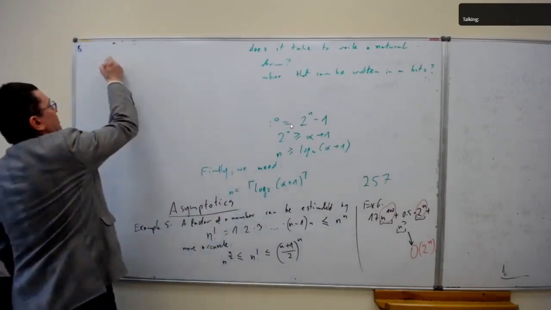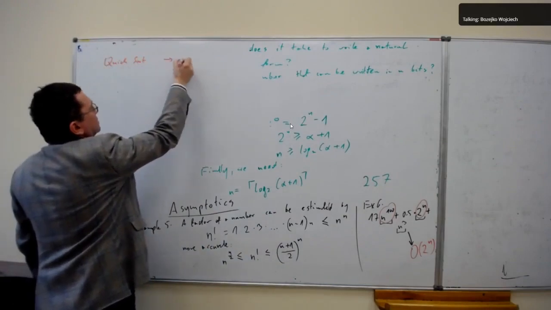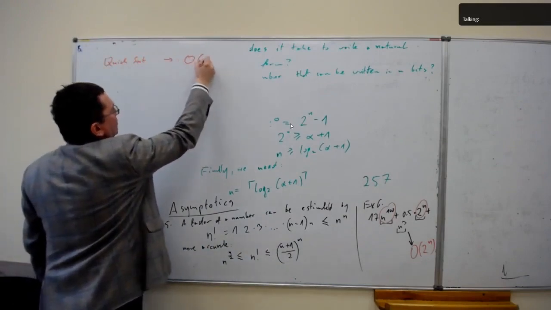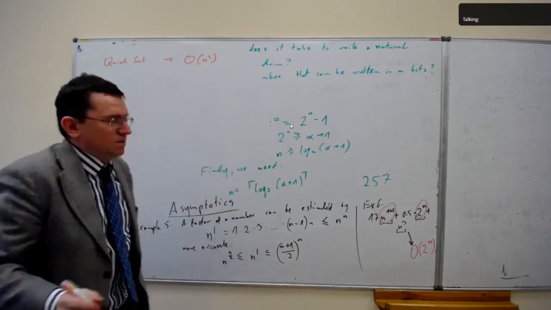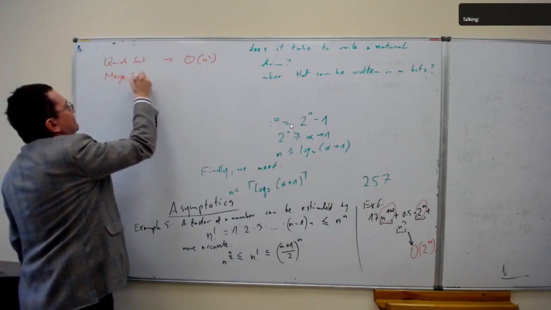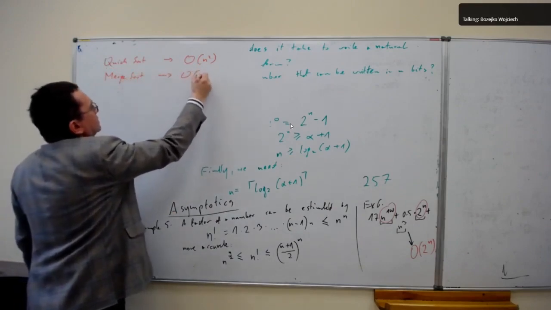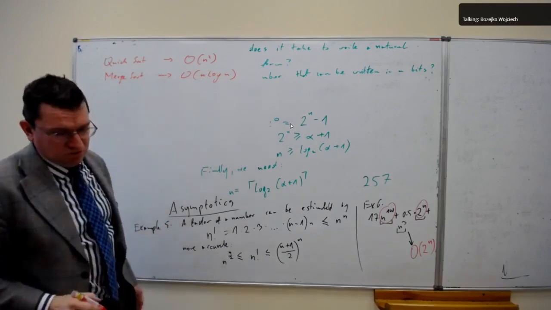For instance, if we have quicksort, we'd observe that the number of comparisons will be as n squared. For merge sort, we'd write that there will be n log n, and so on.